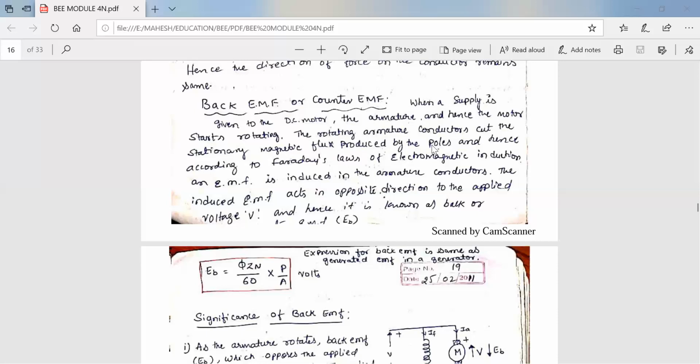As you saw in the DC generator diagram, where the flux is generated, that is being cut by the rotating armature conductors, and when it is cut by the armature, an EMF is induced according to Faraday's law. That EMF we call back EMF. Why is it called back EMF? Because the induced EMF acts in the opposite direction to the applied voltage, and hence it is called back EMF.